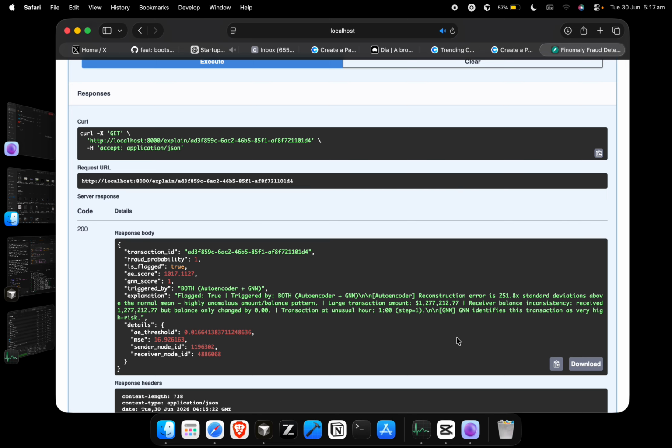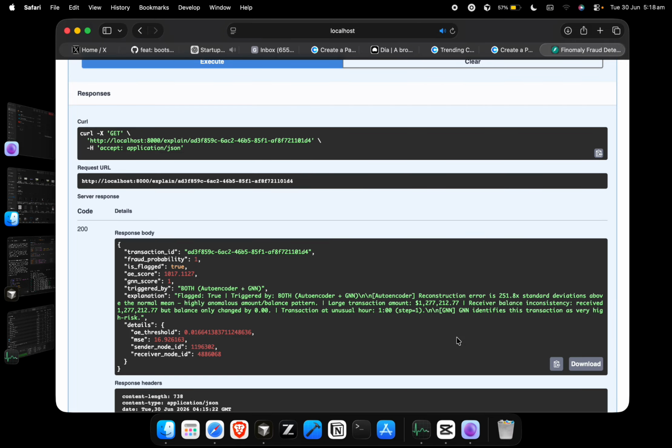So now, in one full summary, the architecture was a full pipeline: Kafka, which is Redpanda, the producer, the consumer, Redis, FastAPI, and Docker Compose. The autoencoder learns how normal transactions look and flags anomalies by reconstruction error.